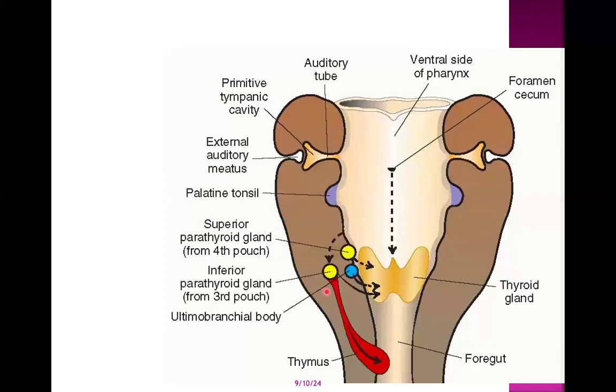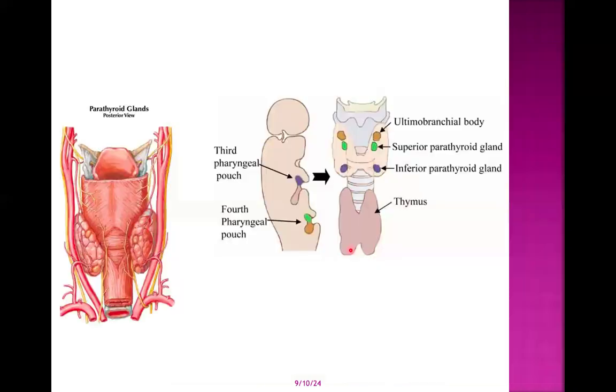You can see the arrows showing you how the movement is going. So superior parathyroid gland from fourth pouch, and then the inferior parathyroid from the third pouch. The arrow is indicating that the third pouch is moving downwards to become inferior to the fourth pouch. All right. So that's how the parathyroid develops.